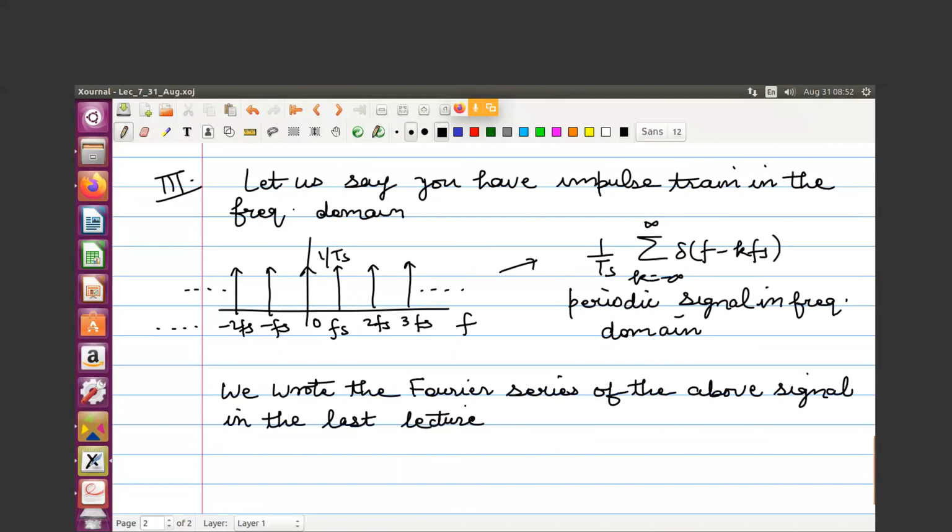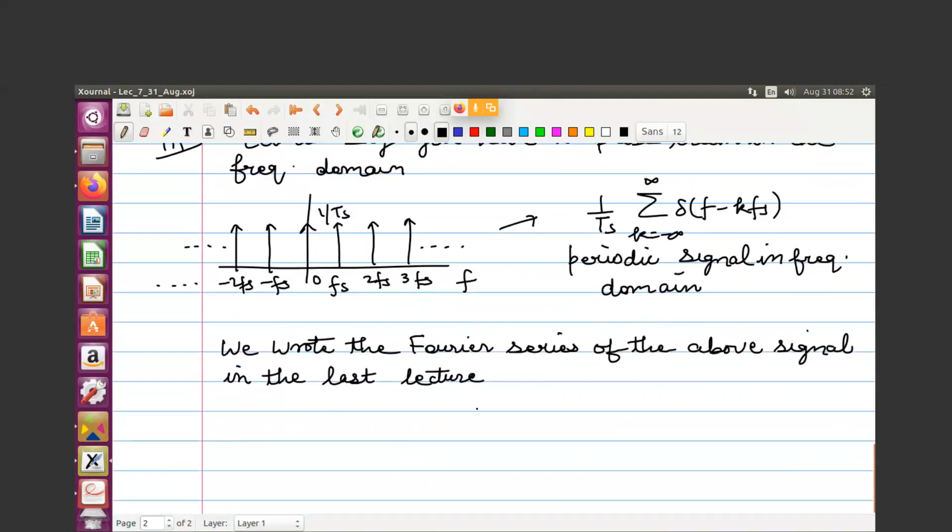I didn't say much about it, so let me say it now. One thing to remember is that if there is a periodic signal x of t and I represent it in terms of a Fourier series, then this whole series is also in the time domain. You must remember, because otherwise I cannot use an equality if the domains of both are not the same.